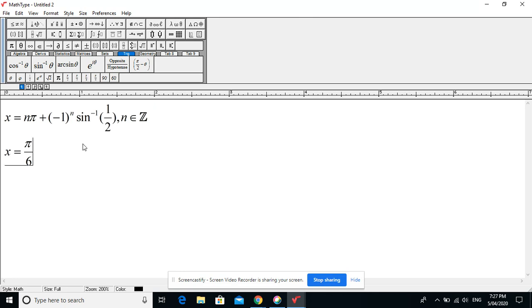Now let's try n being positive 1. We'll get pi plus negative 1 to the power 1, which is negative 1, times inverse sine of 1/2. Now inverse sine of 1/2 we know is pi on 6. So really it boils down to being pi minus 1 times pi on 6. So pi minus pi on 6.